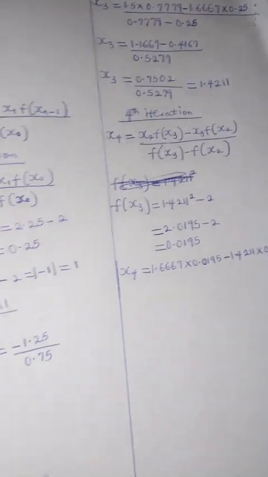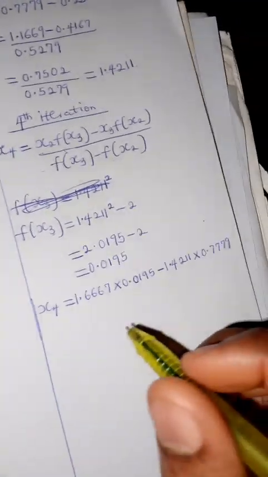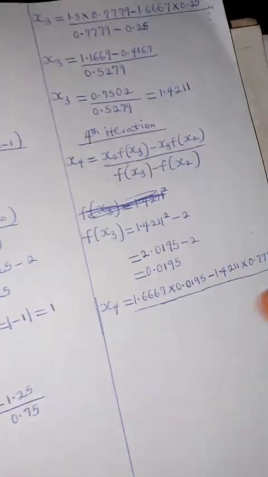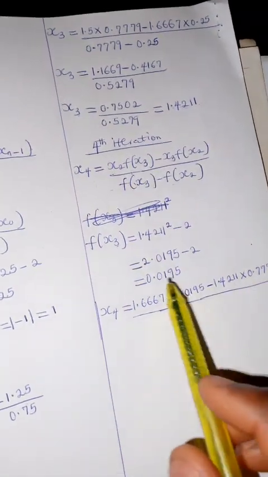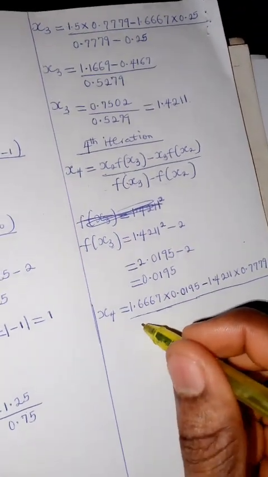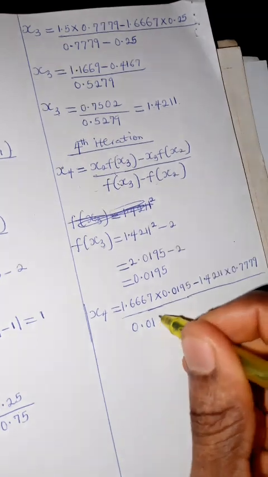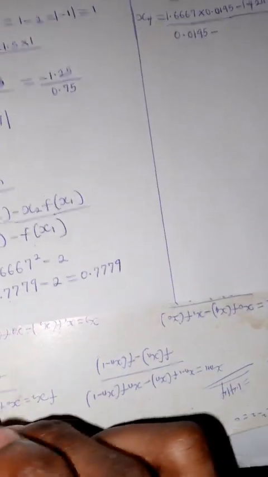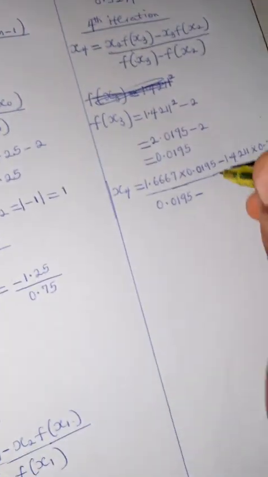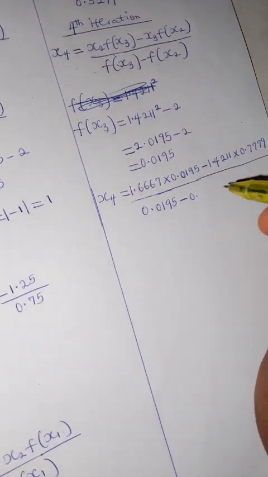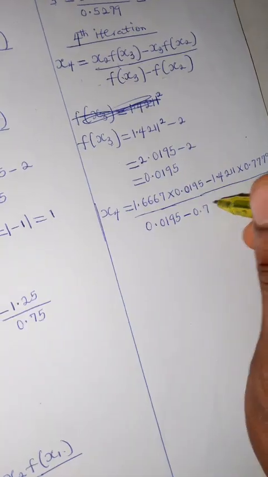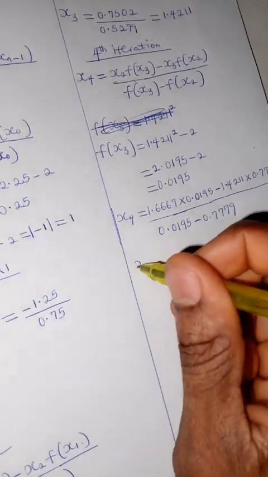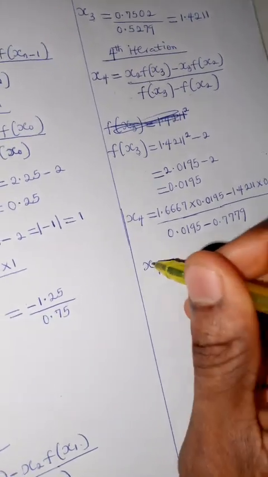So if we substitute, that's what we are going to have over our f of x3, which is 0.0195, minus f of x2, which is 0.7779.